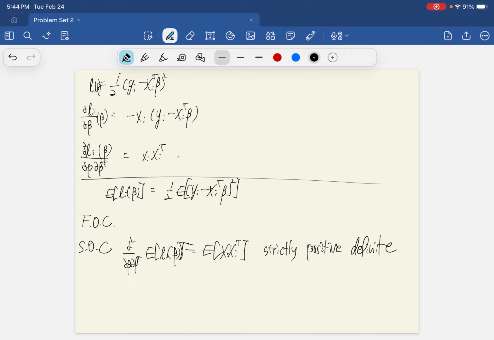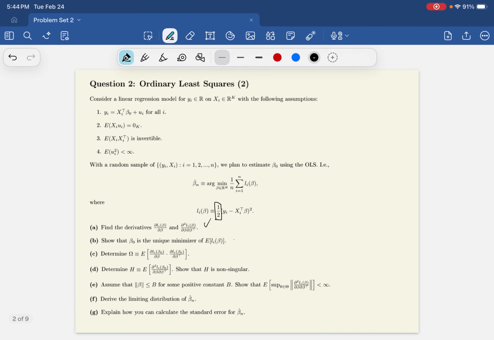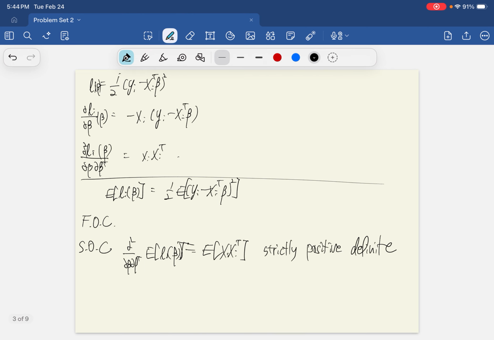Using the lemma, right? I mentioned it in the class. When the expectation of x x prime is invertible, because the matrix is by construction weakly positive definite, if you add the invertibility assumption, then it becomes strictly positive definite. So the second order condition is satisfied.